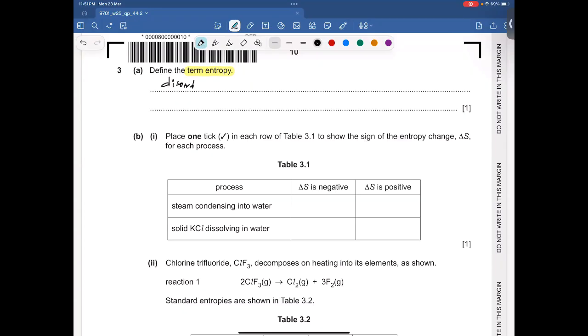Disorderness of the system in which dispersal of energy takes place from system to surrounding and vice versa.